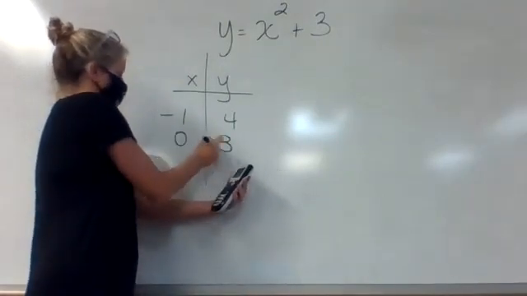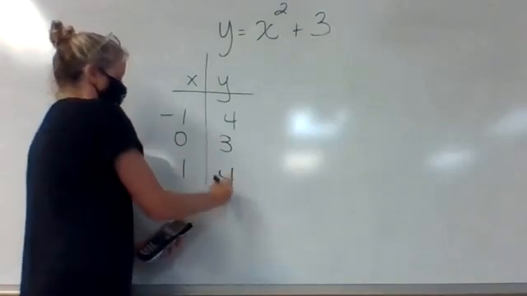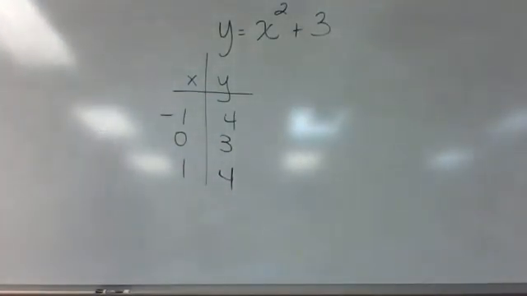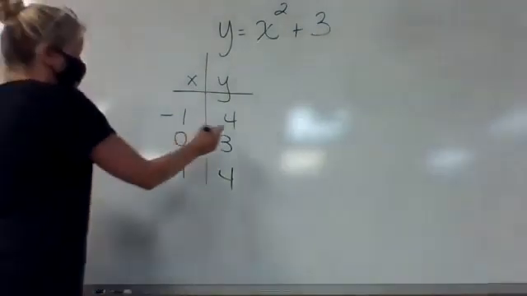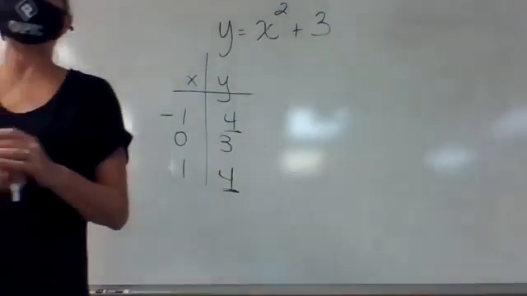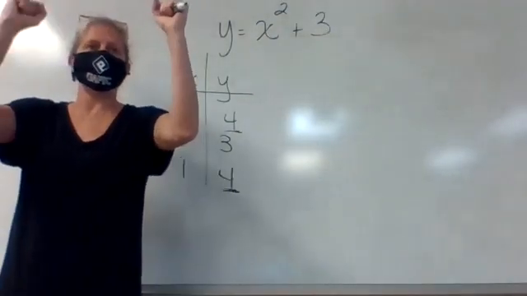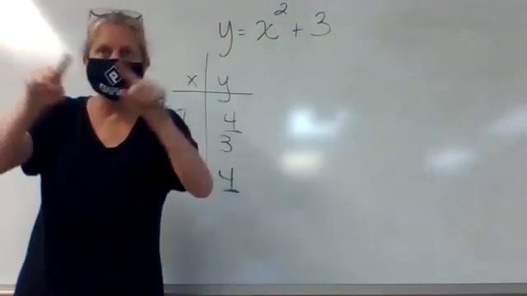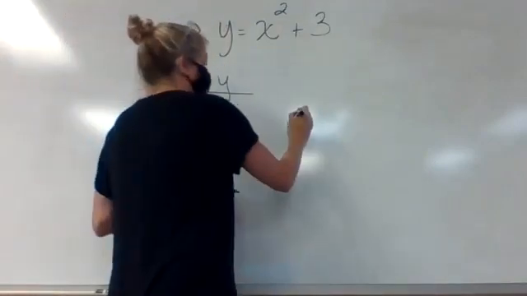Zero, 3, and 1, 4. I think math is probably going to make you do 2. But again, this one and this one, when your y's are the same number like that, they're going to be mirroring each other. That's what's making the U shape. So let's see where this one would be.